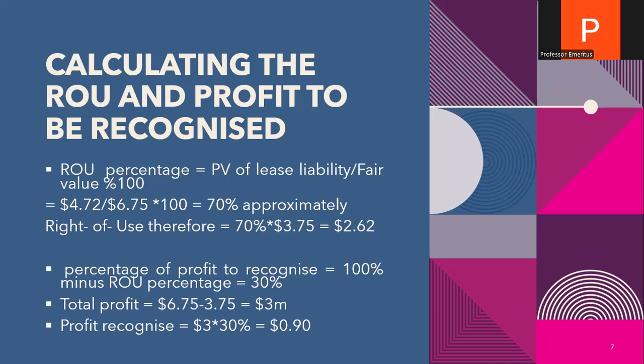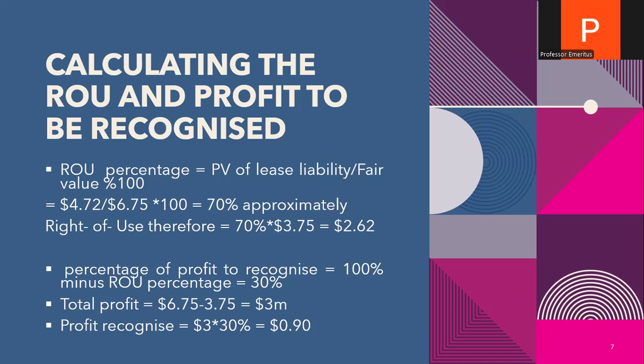And we did say that the right of use is recognized as a proportion of the carrying value of the rights retained by the seller lessee. So the easiest way of doing that, there are a lot of ways that many authors present it, but I have a way of doing it.